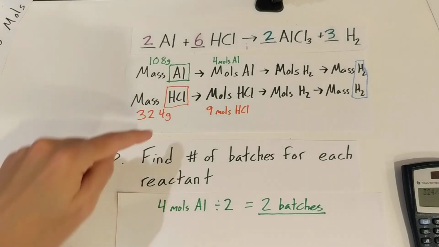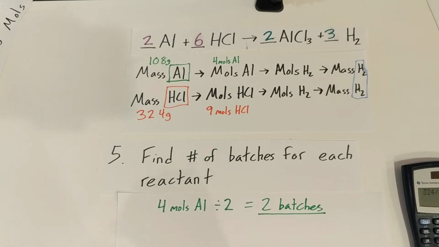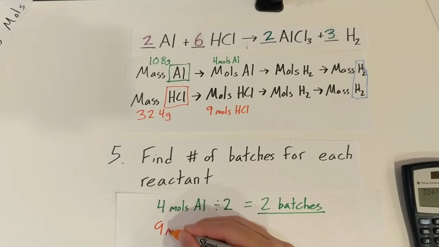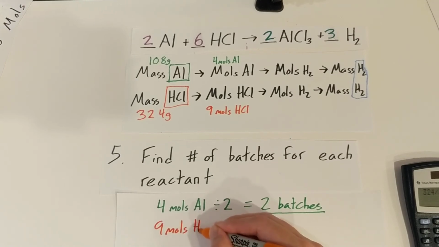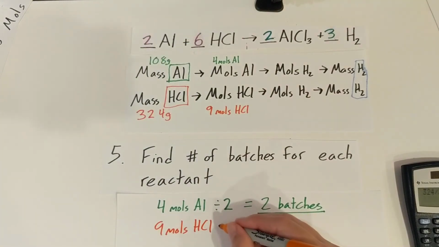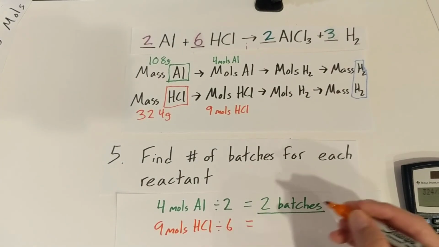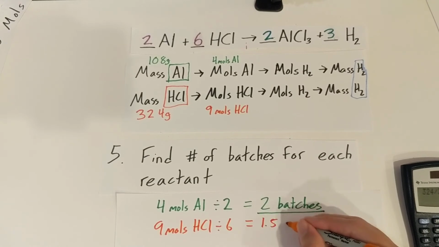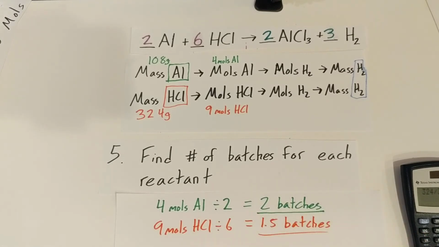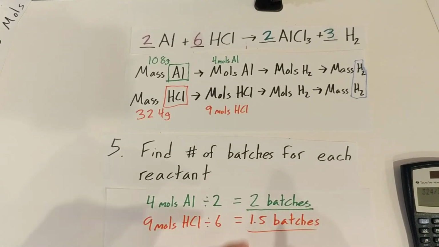Now I'm going to do that same thing with HCl. So let's see, we got 9 moles of HCl divided by my coefficient there, 6. And with my HCl, I can make 1.5 batches. So we've got to think, which of these is my limiting reactant? Which one is going to get all used up first?